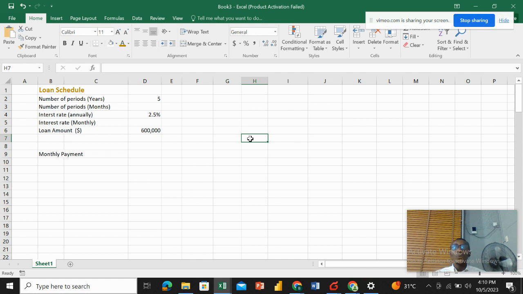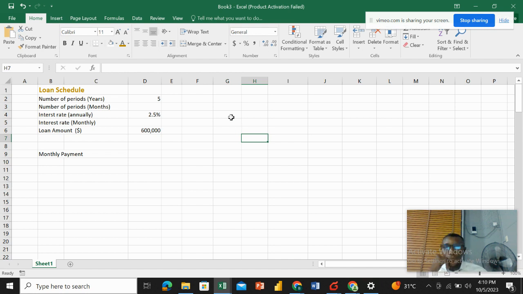Now, you both have agreed to spread the loan over a medium term. It's a medium term loan, spread over 5 years, and you're going to be paying monthly.